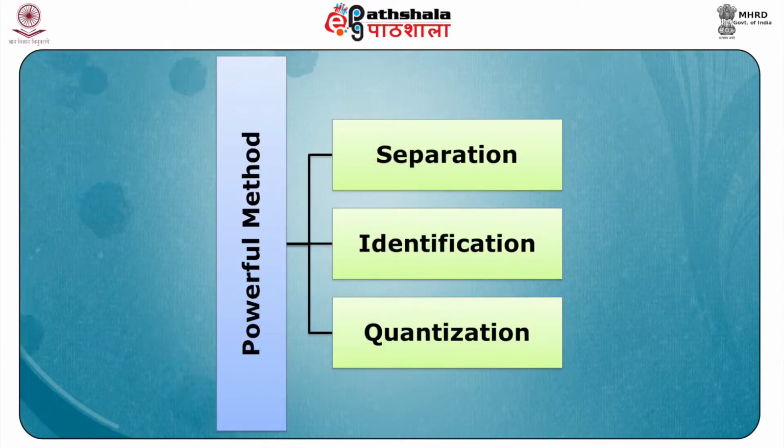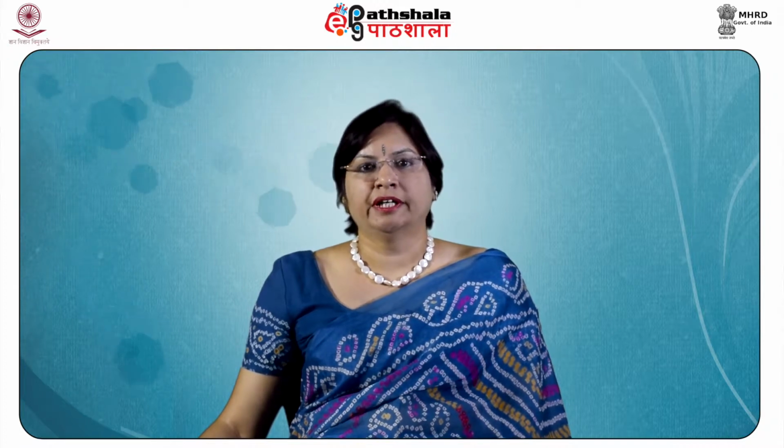The gas chromatography is a powerful and widely used tool for separation, identification and quantization of components in a mixture, and this is commonly abbreviated as GC. In this technique, a sample is converted into its vapor state and a flowing stream of carrier gas, often helium or nitrogen, sweeps the sample into a thermally controlled column.